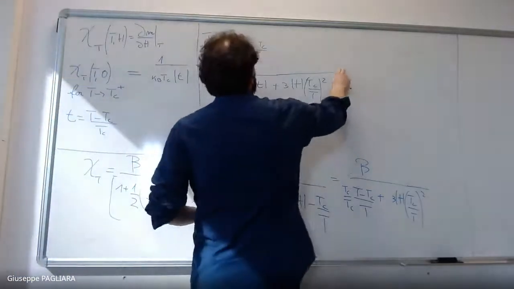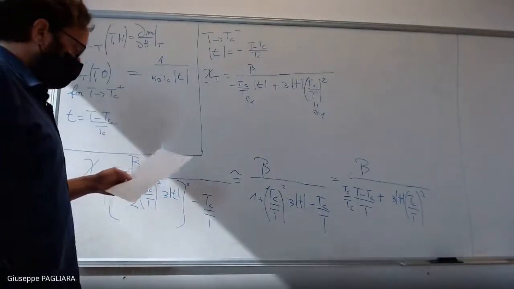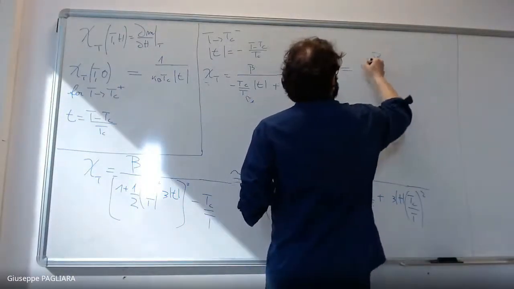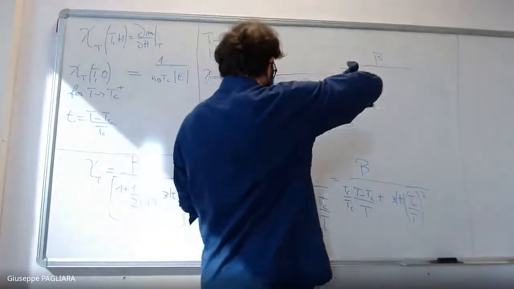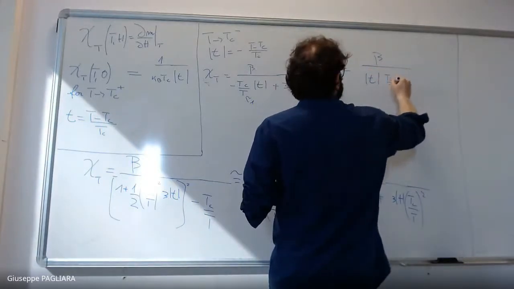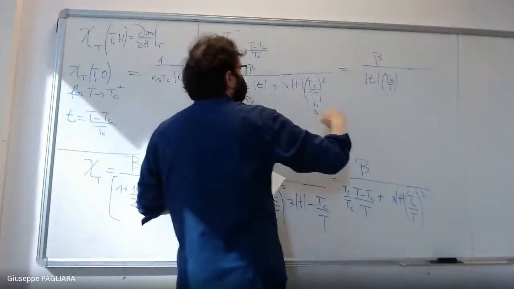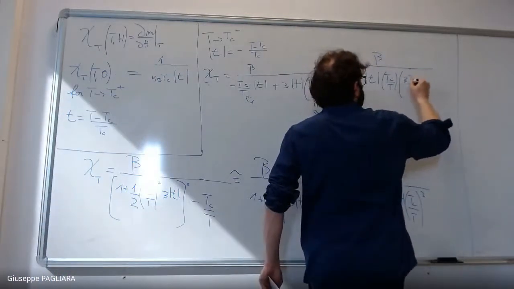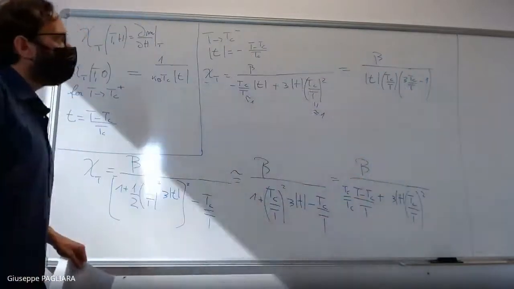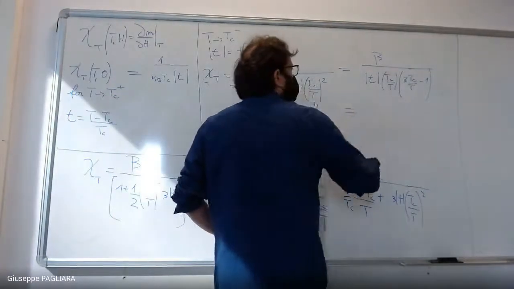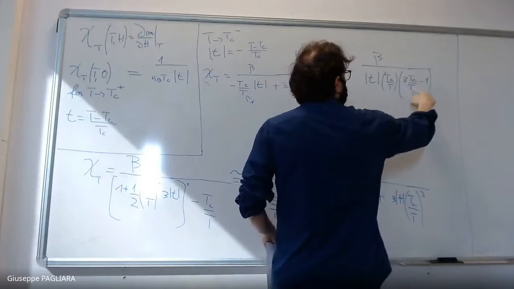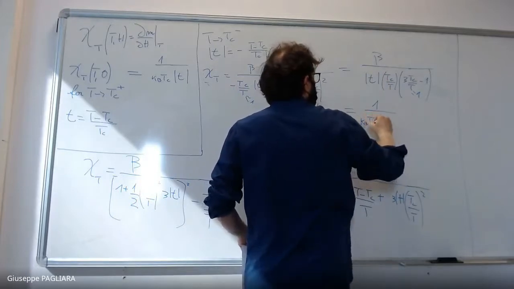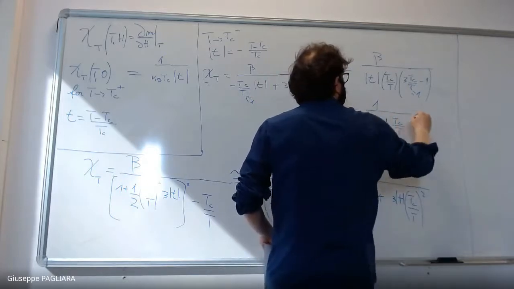Let's do this first: here I have beta, and then I have T that I can collect, and Tc divided by T. Here I have 3 Tc divided by T minus 1, and at the end, as I said before, this is close to 1, and so I have 1 divided by kB T modulus of t over T, and here I have 2.